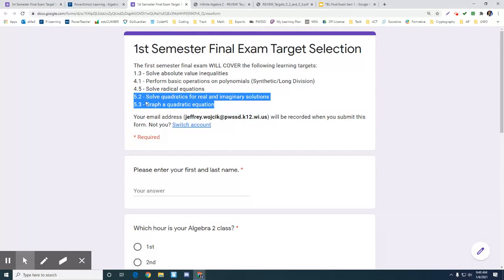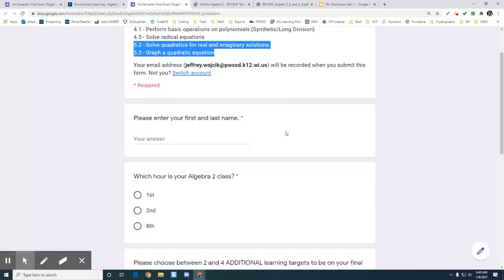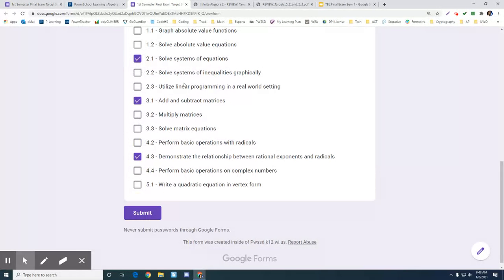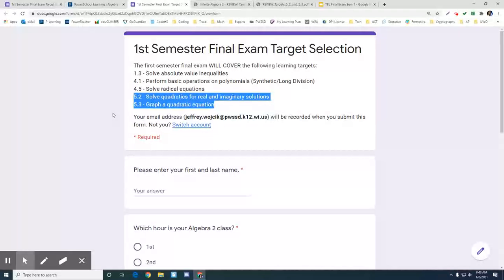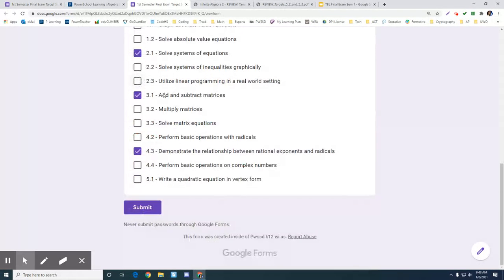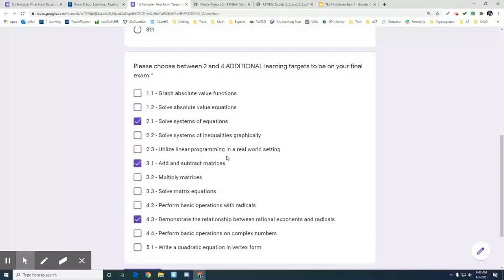Now, another possibility is if you want to exempt the final, but you also want to perhaps reassess on one or two older learning targets. That's also something I'm going to allow. So if you'd like to exempt the final, but still retake a certain target, fill out this form still and choose which additional targets you'd like to reassess on.